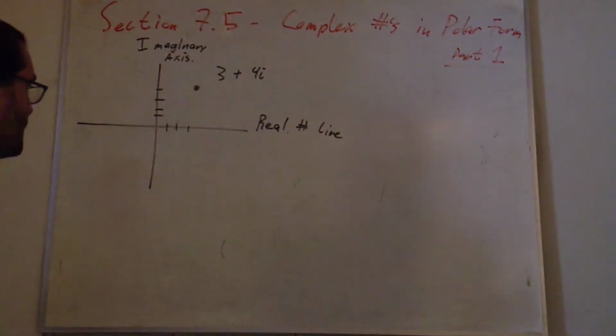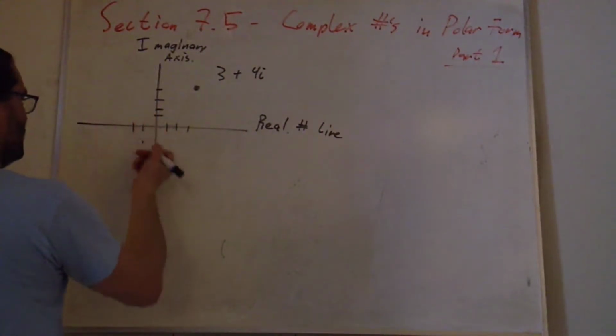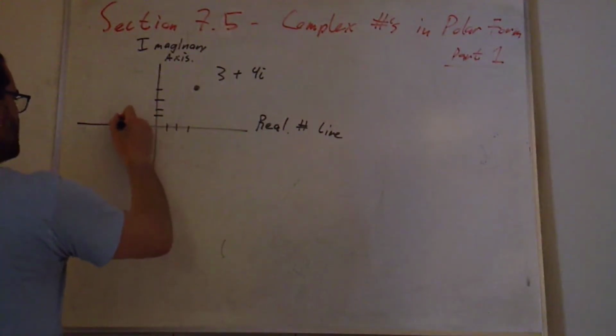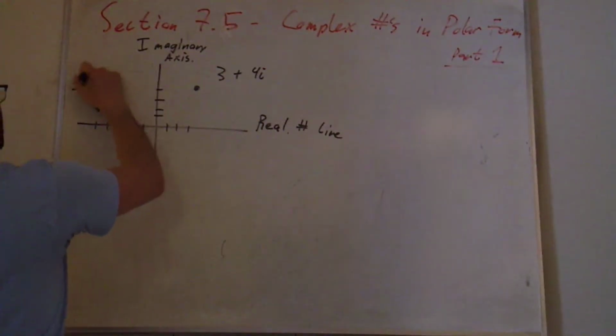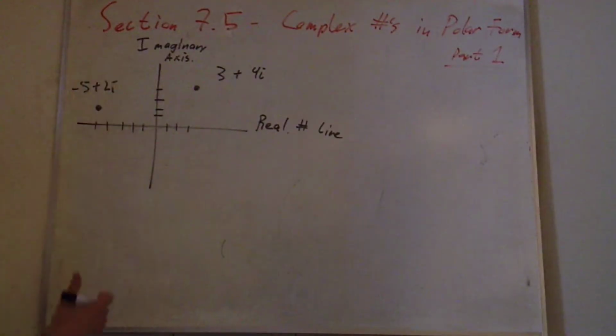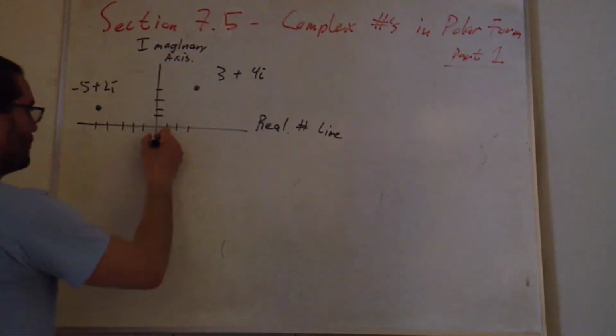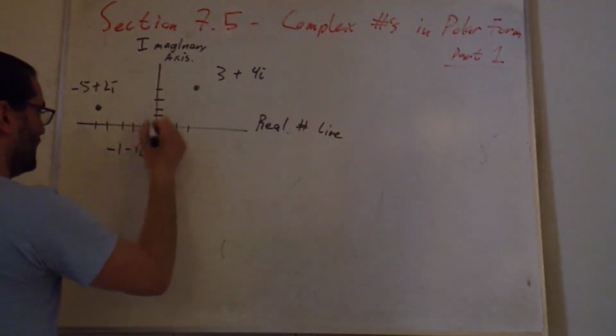And we can do other numbers as well, like -5 plus 2i is back here. Same as -5 comma 2 would be. -1 is right here, except that's -1 minus 1i.